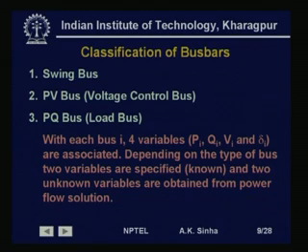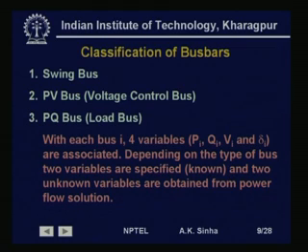So, we have a voltage specified at these buses, and these buses are called PV buses. Some of the load buses, where we have reactive power sources available, can also maintain their voltage at a specified value. So, those buses can also be treated as PV buses, that is, buses where real power and voltage magnitude are specified are the PV buses.